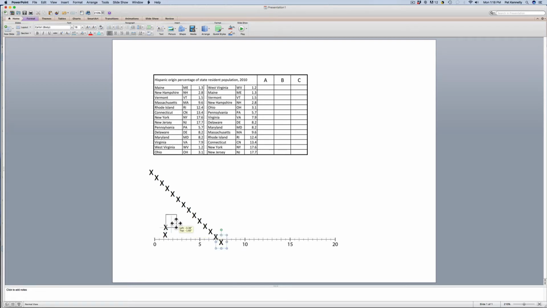The next one's at 1.5, so also right in this area here. Then we go to one that jumps all the way up to 2.8. Put that over here. And then 3.1, once again really close to 2.8. 5.7, way out here.